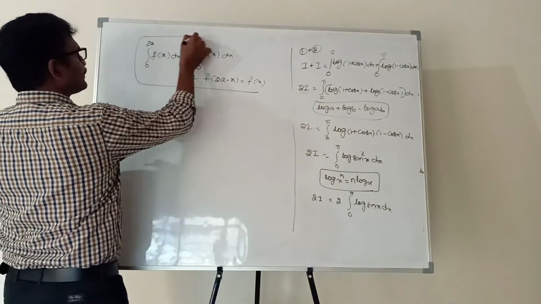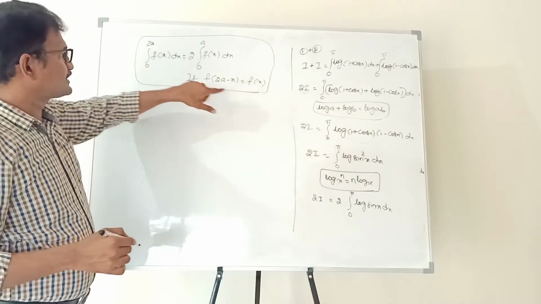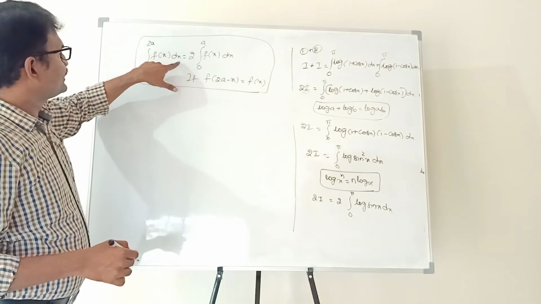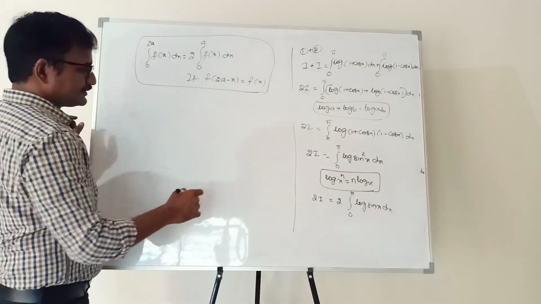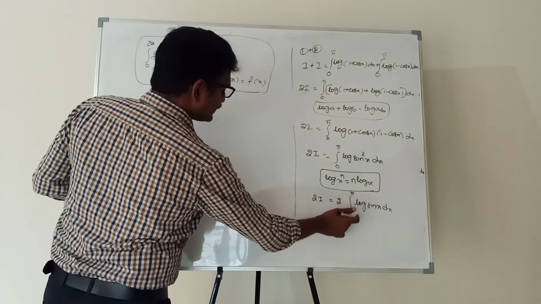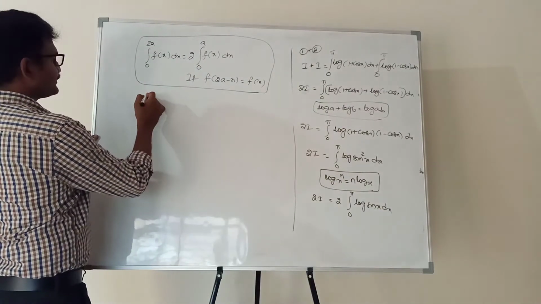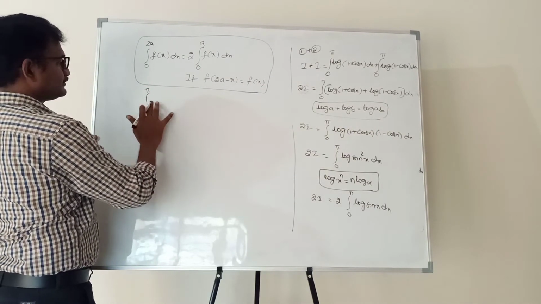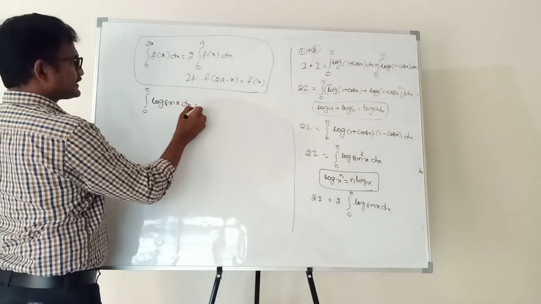So according to property number 7, if f of 2a minus x is f of x, then the integral from 0 to 2a of f of x dx we can write as 2 times the integral from 0 to a of f of x dx. According to this property, in the place of 0 to 2a we have 0 to pi, and log sin x dx is there.